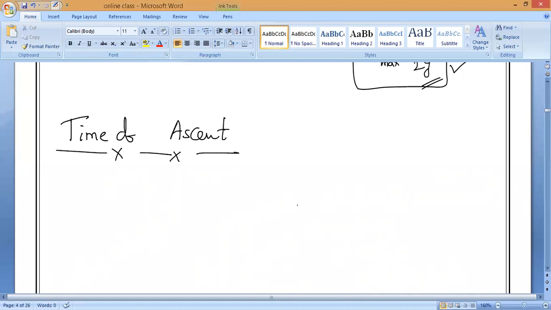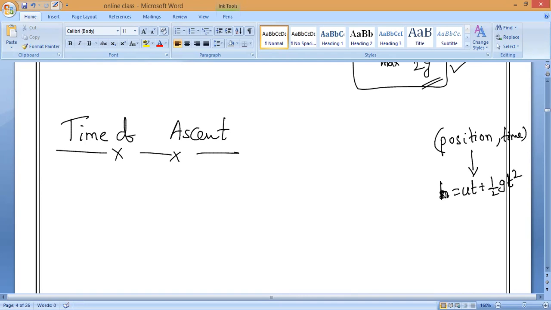Basically, which formula will we use to calculate time? You know position and time. You know the height, but you want to calculate the time. So which equation will we use? Second equation, H is equal to ut plus half gt square.